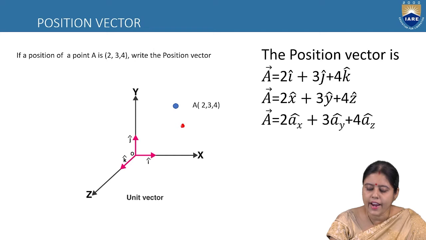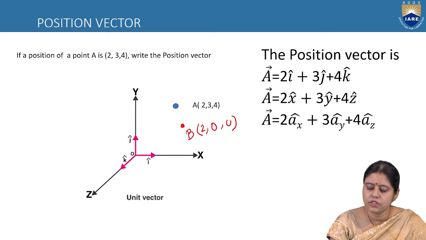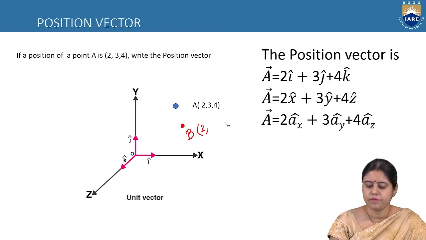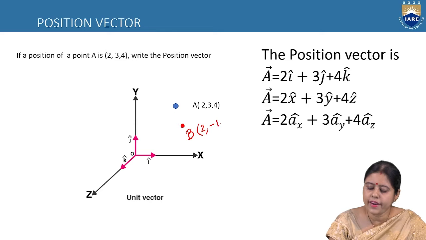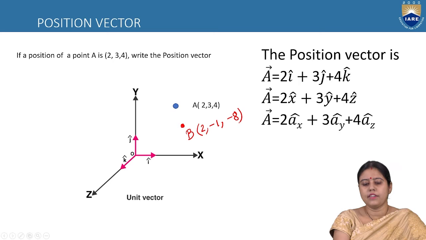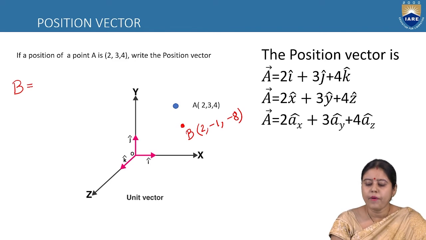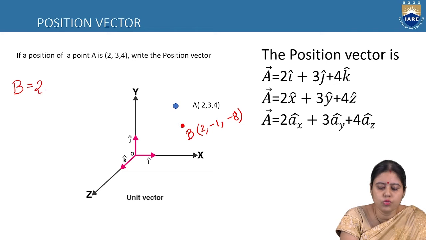Say, this is another point B, and the position is 2, minus 1, minus 8. What will be the position vector? So, we can write B equals, first one is 2. 2 means it is the x-axis, so we can write 2a_x hat.